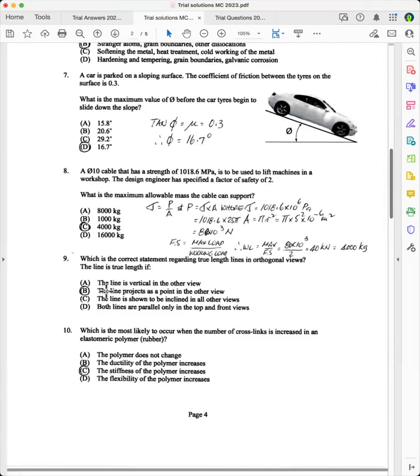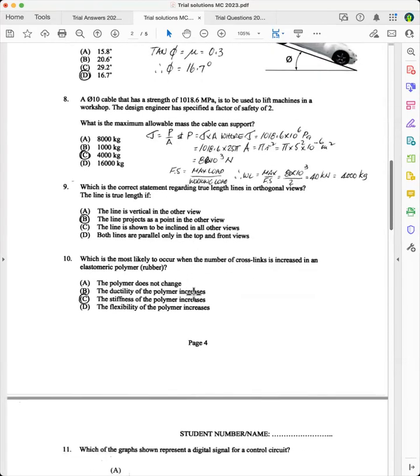Which is the correct statement regarding true length lines in orthogonal view? The line is true length if the line projects as a point in the other view. That was well answered. Which is the most likely to occur when the number of cross links is increased in an elastomeric polymer? I remember when you get maximum cross-linking in an elastomer, you get ebonite, which is just a hard rubber.